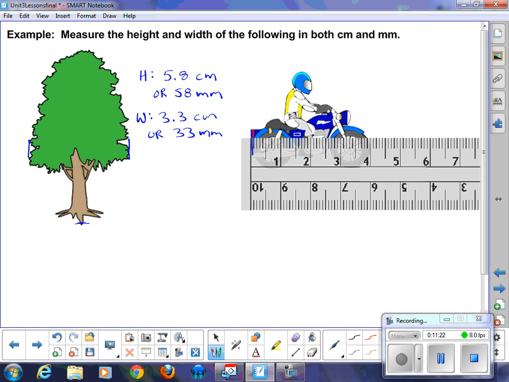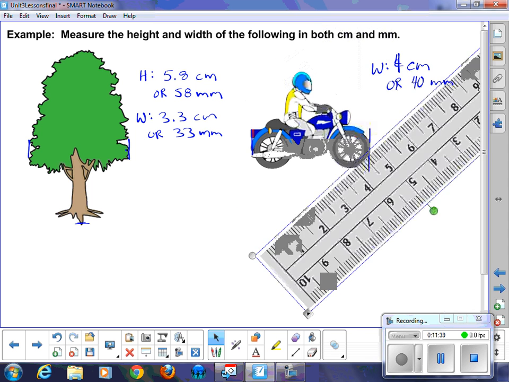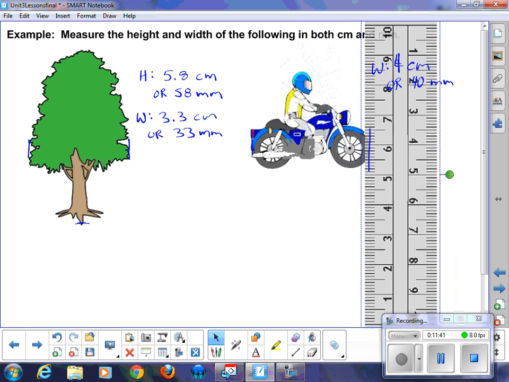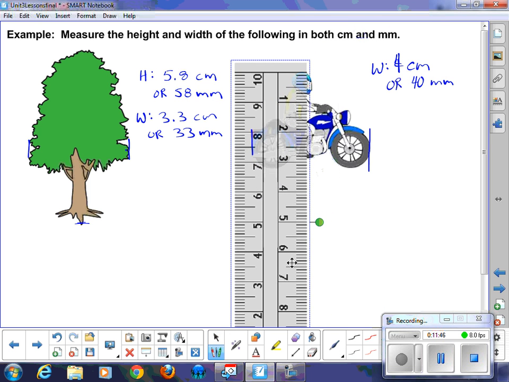So from there, that makes it easy. So I would say the width of this motorcycle is 4 centimeters, or 40 millimeters. And if we go the other direction, whoa, holy moly, whee! You're going to get dizzy watching this. Okay, so height of the motorcycle, I'm going to go right there. So it looks like 3.2, so height is 3.2 centimeters, or 32 millimeters.